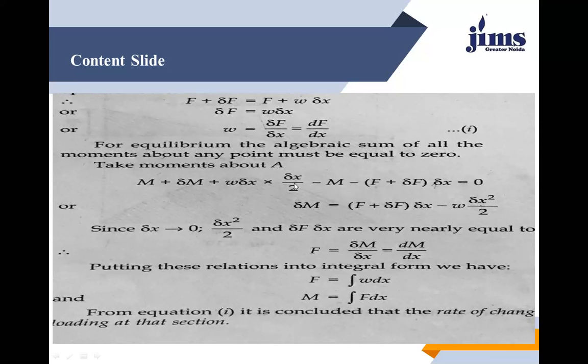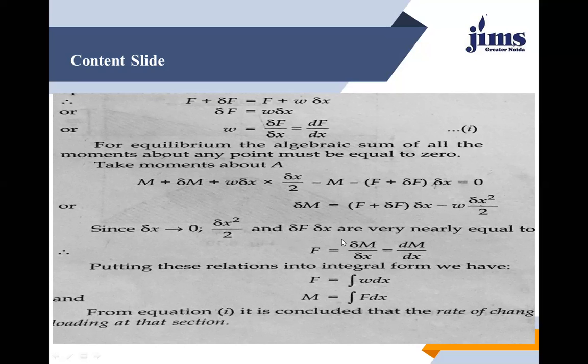So from the above equation, we can calculate the value of delta M, that is (F plus delta F) delta x, and we have to neglect the delta x square term, because delta x is a small quantity and delta x square is a much smaller quantity. So we take delta x square equal to 0.